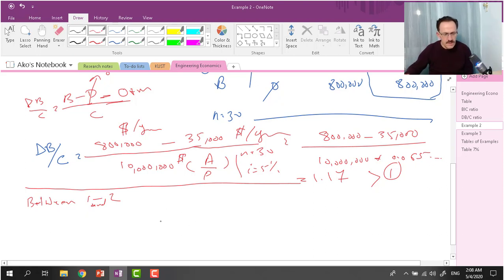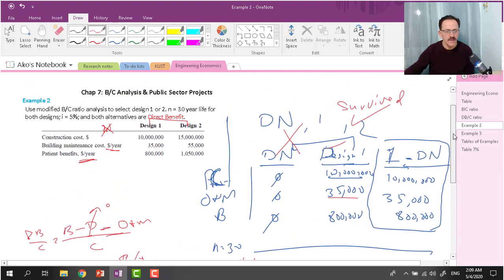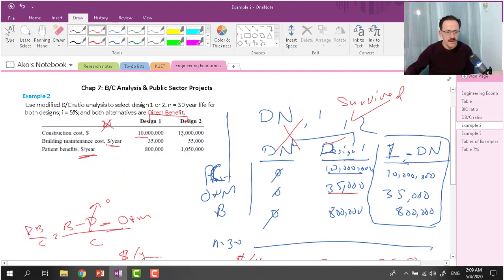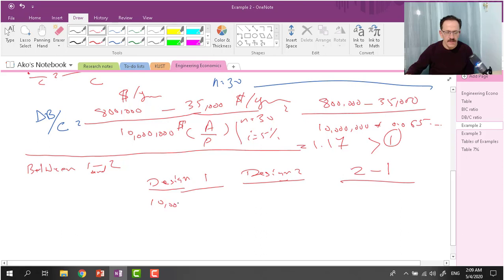Now we will write design 1, design 2, and design 2 minus 1. For this one, how much do we have? 10 million, and this is 15 million. Now 2 minus 1 means $15 million minus $10 million, which is equal to $5 million.